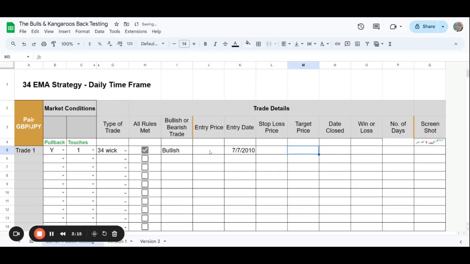Entry price in here, we'll cover that shortly. Stop price, target price, closing dates. So say for instance we're on that trade for 5 days. We can say the 12th of July 2010. It was a win, and we were in the trade for 5 days.